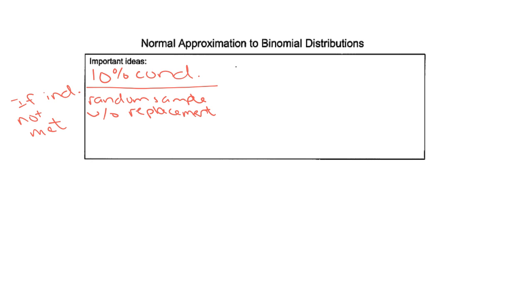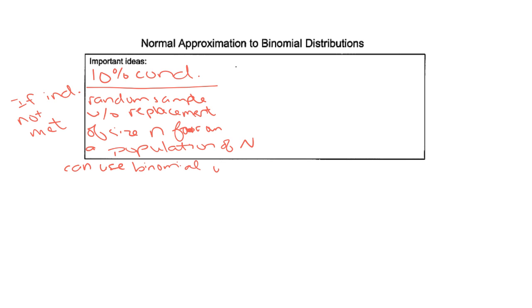So a random sample without replacement of size n, from a population of capital N, I can use a binomial, so I can assume that binomial distribution, if my sample size is less than or equal to 10% of my population.